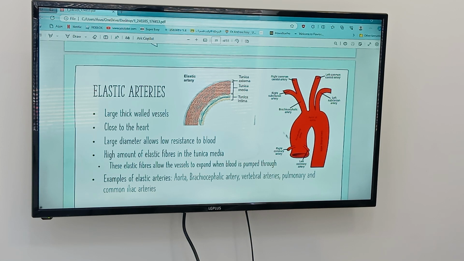They are close to the heart, with a large diameter that allows flow with low resistance to the blood. High amount of elastic fiber in the tunica. Look, they are all filled with fibers here.